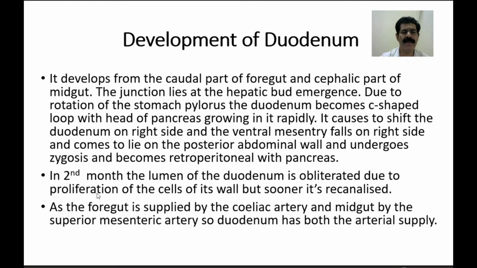Now in the second month, the duodenal lumen is obliterated due to the proliferation of the endodermal cells, but soon it is canalized. As the foregut is supplied by the celiac artery, the midgut is supplied by the superior mesenteric artery. So the duodenum has a dual arterial supply because it developed from the foregut as well as the midgut part.